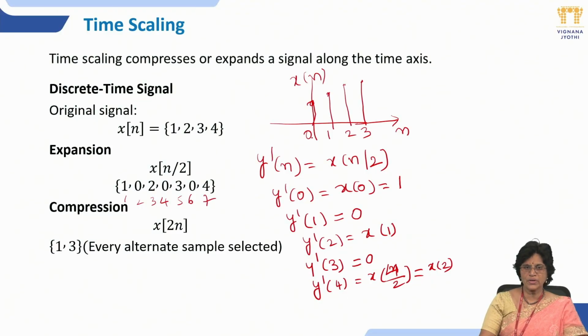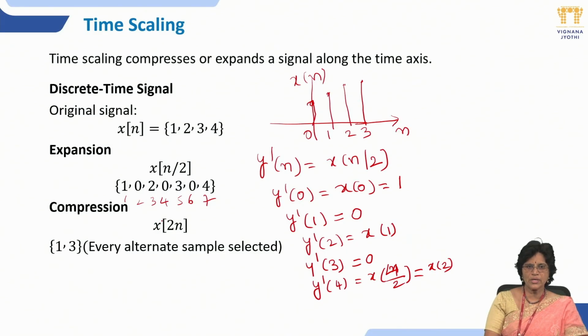Previously your signal was from 0 to 3. Now your signal extends from 0 to 6. Actually I started from 1; if you start from 0, it extends from 0 to 6. That we call expansion.